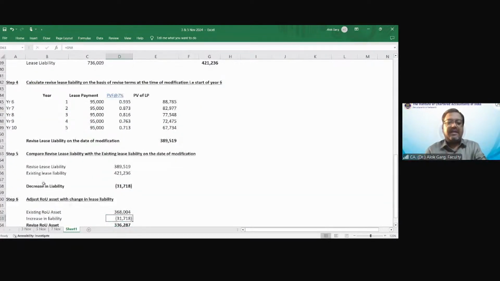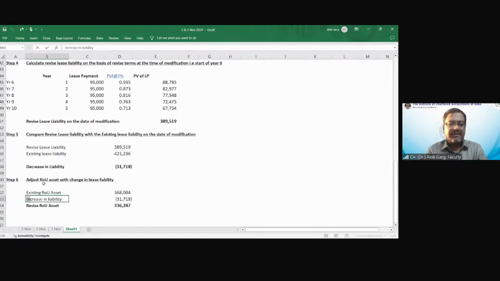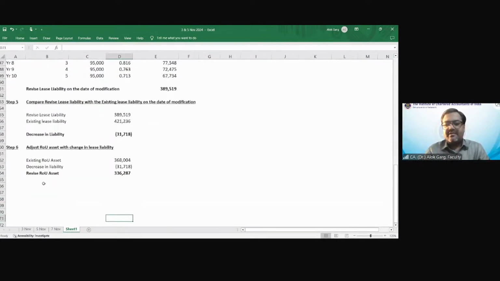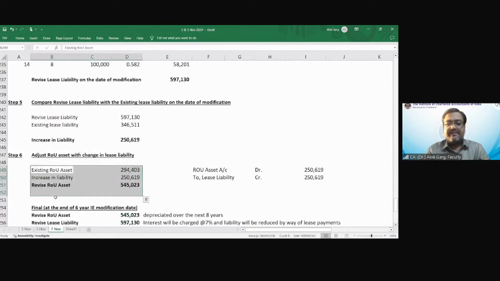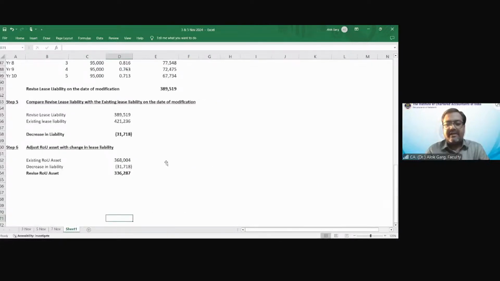What is my decrease in liability? 31,718. What is my revised ROU asset? 336,287. Correct? So friends, what is the accounting entry? ROU asset to lease liability? No, sir, reverse.